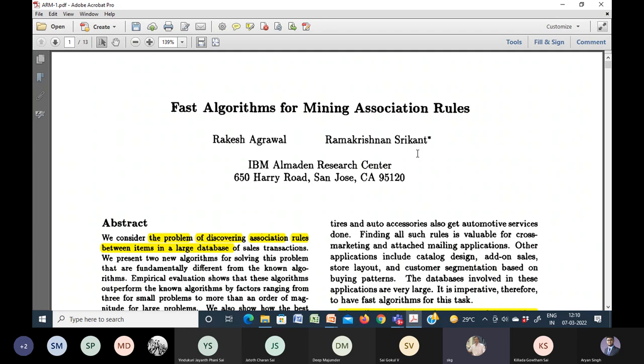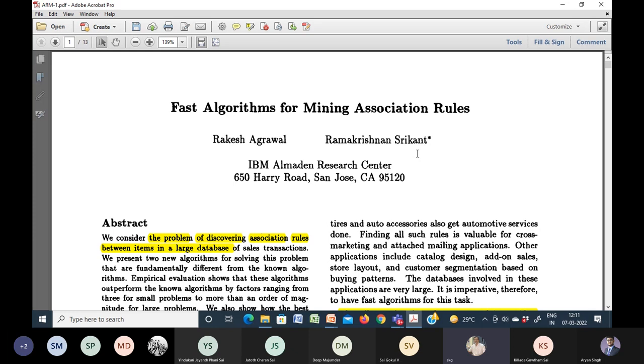This work, by Agrawal and Srikant, is one of the leading works, referred in several textbooks. They proposed the first algorithm for mining association rules, which is popularly known as the Apriori algorithm.